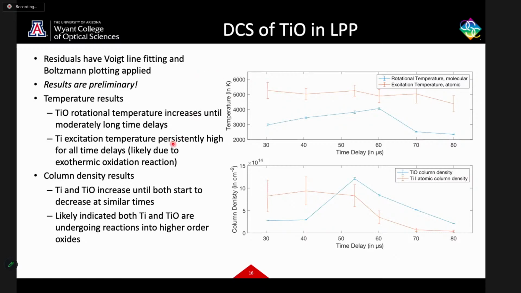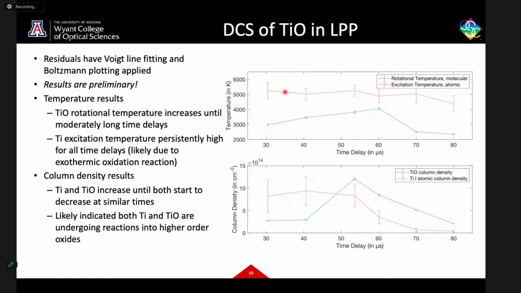As far as the column density measurements indicate, both the titanium and the titanium oxide species increase at initial times, but then they seem to simultaneously go down at later times, which might indicate that these are both undergoing chemical reactions within the plasma as the temperature cools and the conditions for the formation of higher order oxides becomes more energetically favorable.